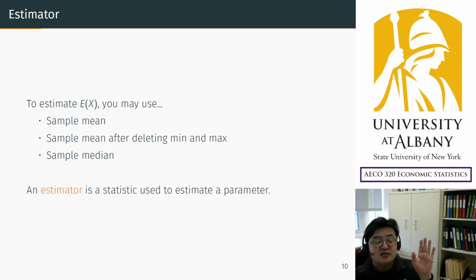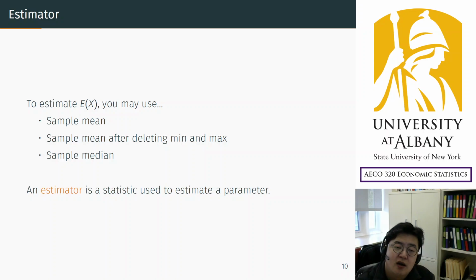So anyhow, suppose that our parameter of interest is the mean of a random variable x. In that case, how can we calculate the estimator? How do we estimate this? Maybe you may think you can just use the simple mean. That is right, but you have to think about some alternatives. For example, you may think of the simple mean after deleting the minimum and the maximum, right?